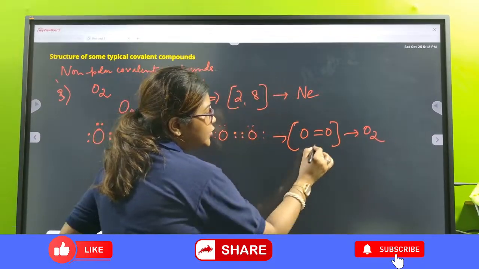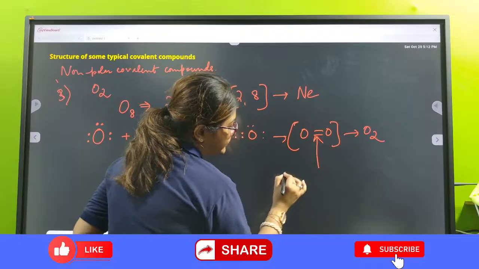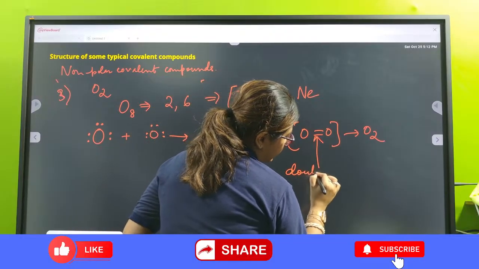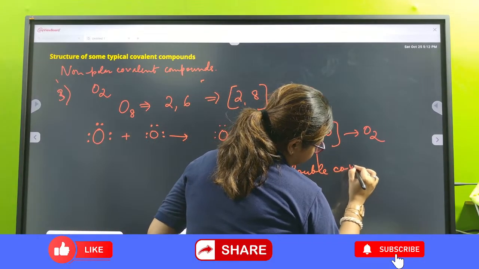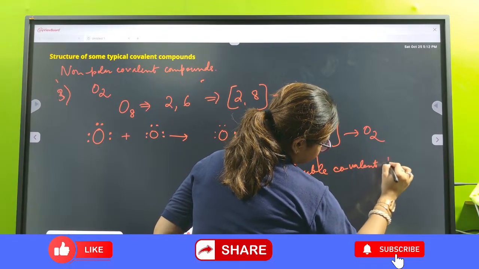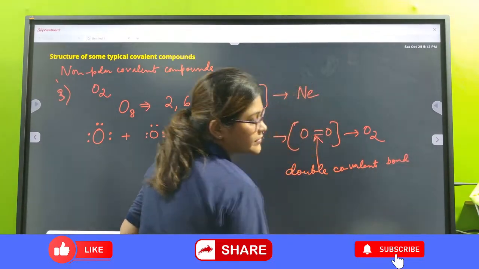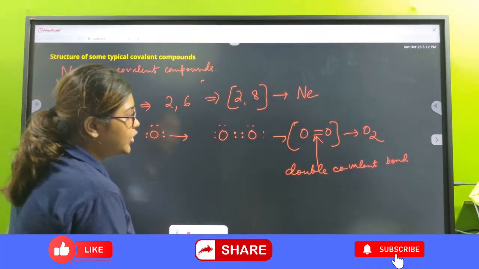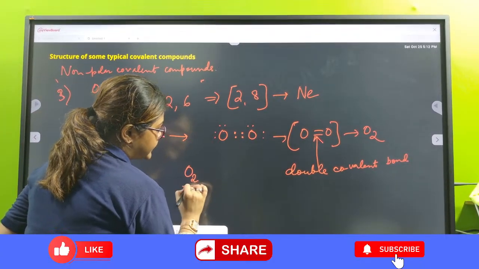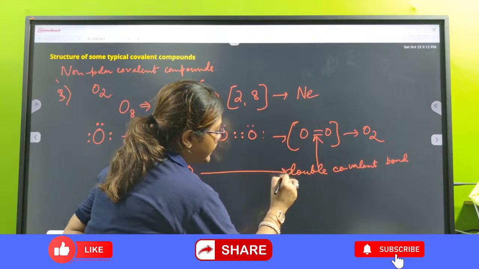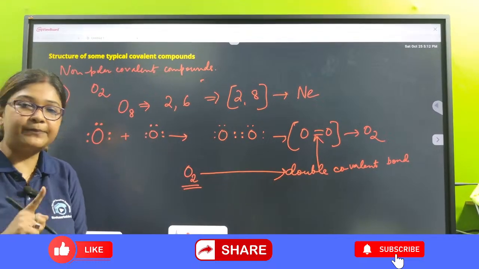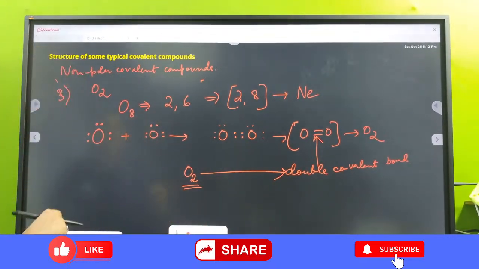So here you see, this is an example where you have a double covalent bond, right? So oxygen is an example of a covalent compound having a double covalent bond, right?